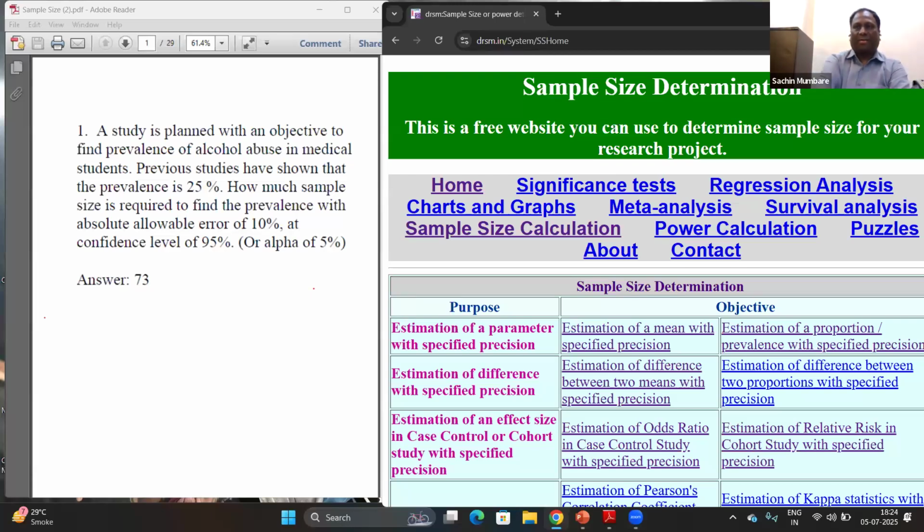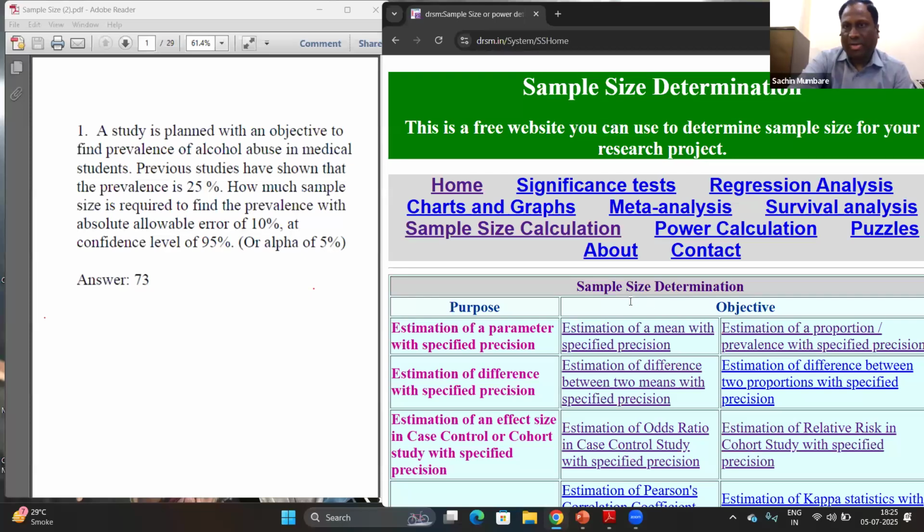So what are we doing in this? Can anyone answer? Whether we are estimating something, or applying a test of significance, or comparing the groups. What are we doing here? Estimating, sir. Estimating what? Prevalence, sir. Okay, or proportion.